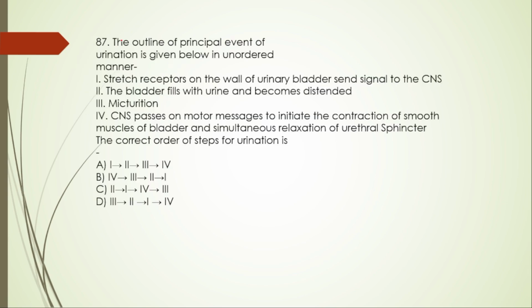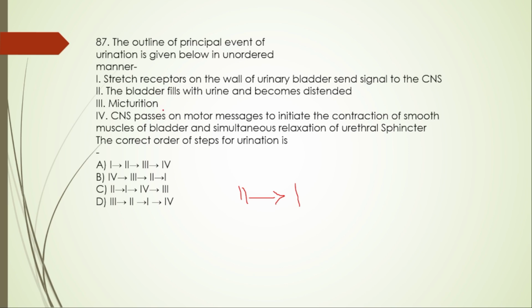Next, 87. The outline of principal events of urination is given below in unordered manner. We must order them. First one, a stretch receptor on the wall of the urinary bladder sends signals to the CNS. Second, the bladder fills with urine and becomes distended. This one is first. After this, stretch receptor will come.